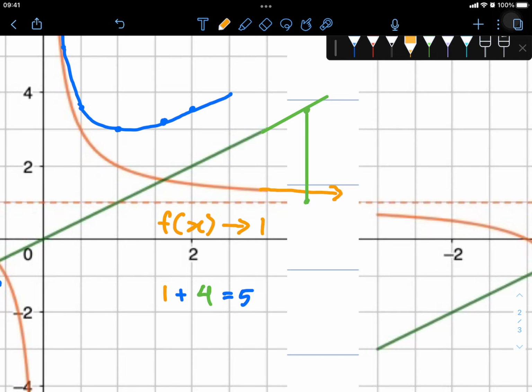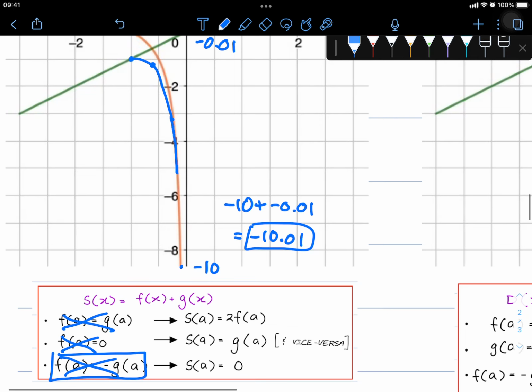So in the exact same way, as g approaches 0, we're adding smaller and smaller numbers to f. This means that as we move closer to x equals 0, it should look like it's overlapping f like so.